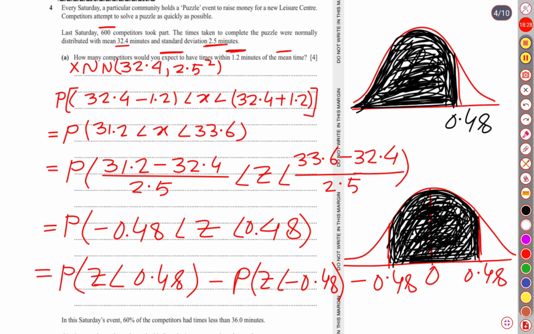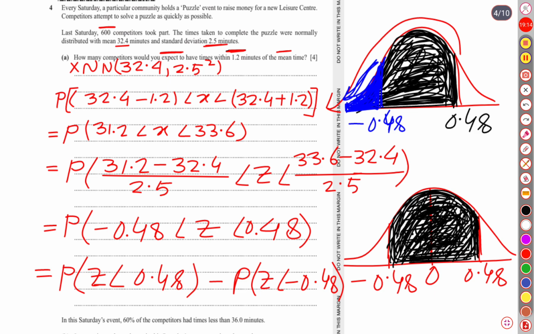After that, we will subtract this tiny blue shaded portion, at negative 0.48.